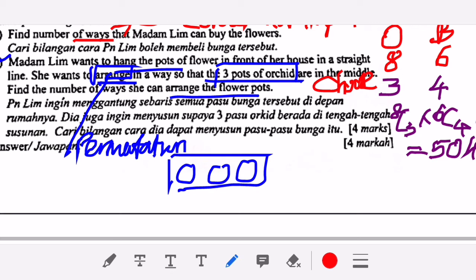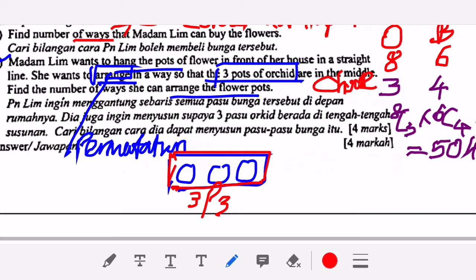For example, you have orchid A, orchid B, and orchid C. For you to arrange all 3 orchids, it is 3P3, so that they are always together. We can put them in a box. They are together. And don't forget, we still have the balance of the 6 pots of flowers, which we need to arrange.